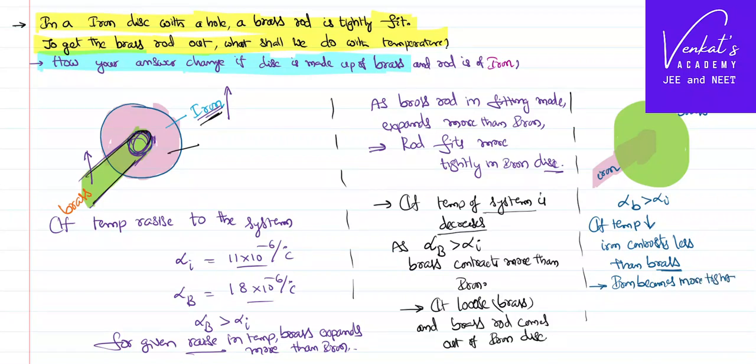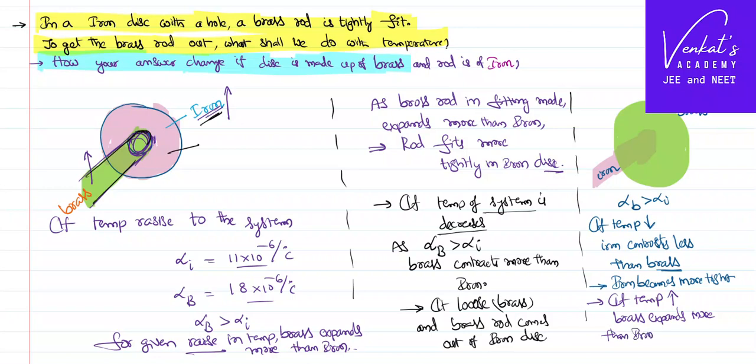And what is the other possibility? If the temperature of the system is increased, as alpha of brass is more, brass expands more than iron.